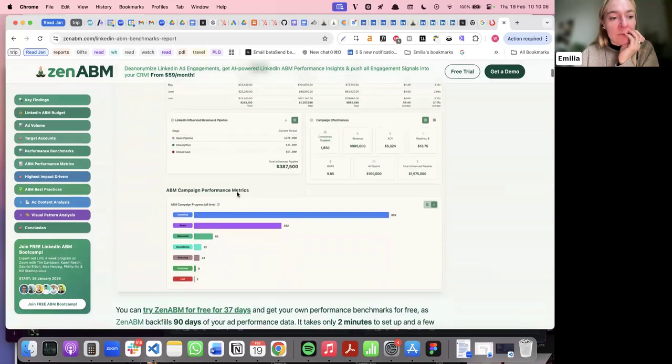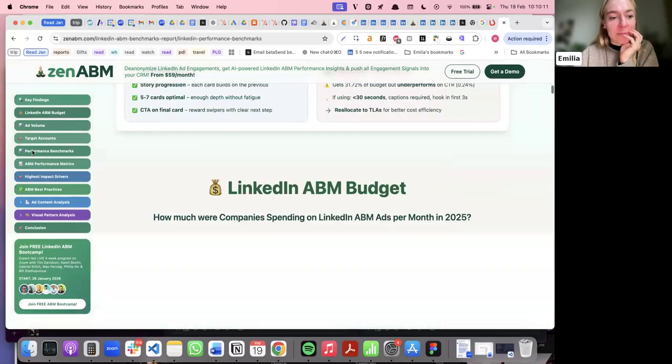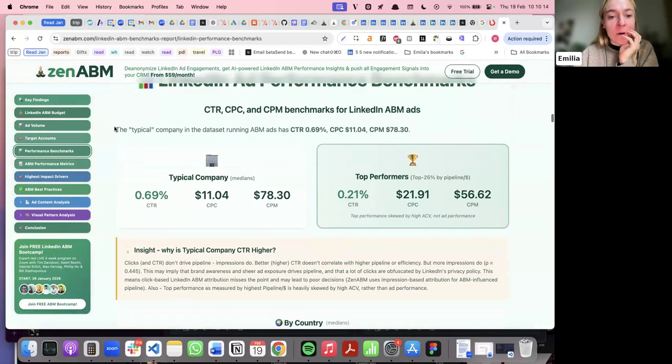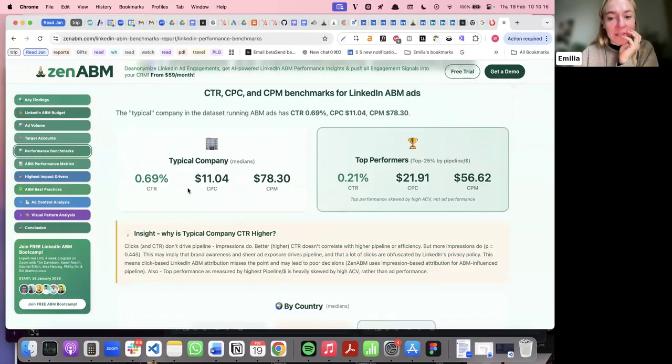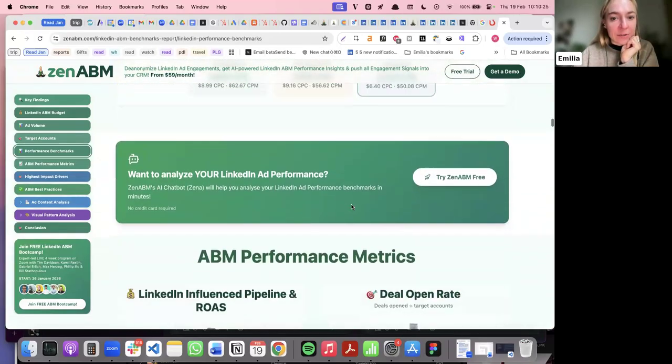And what are the conclusions? We did a quantitative analysis in terms of performance benchmarks. So what was the CTR of a typical company on average, CPMs, CPCs, and top performance, also by countries.